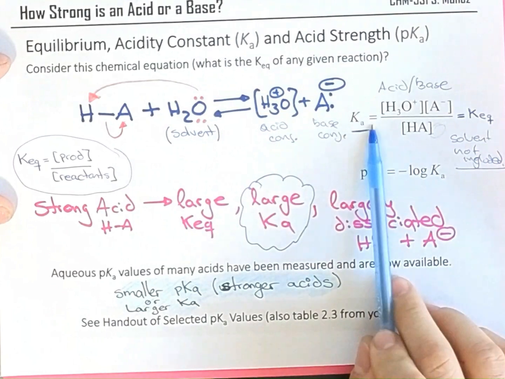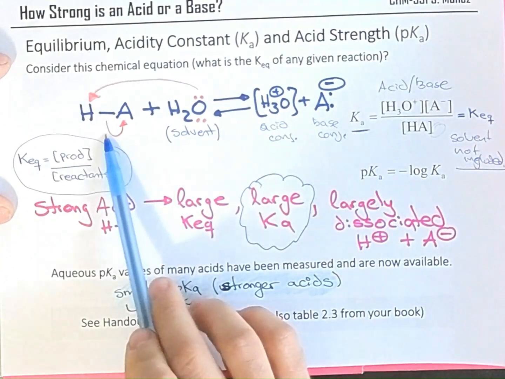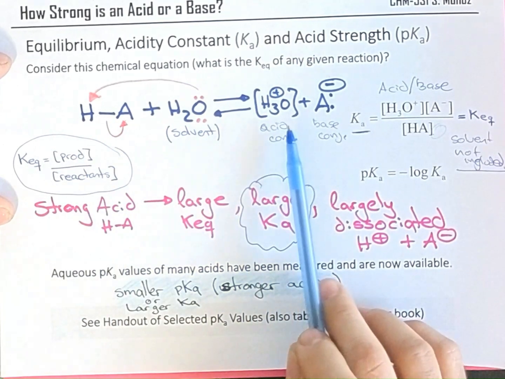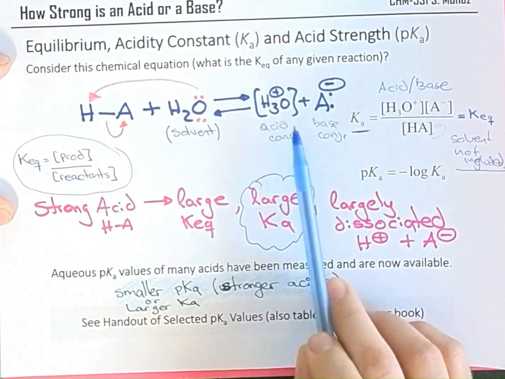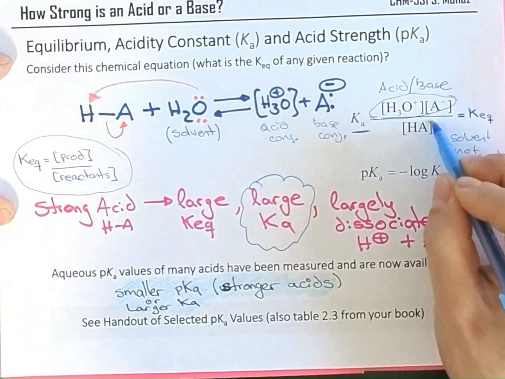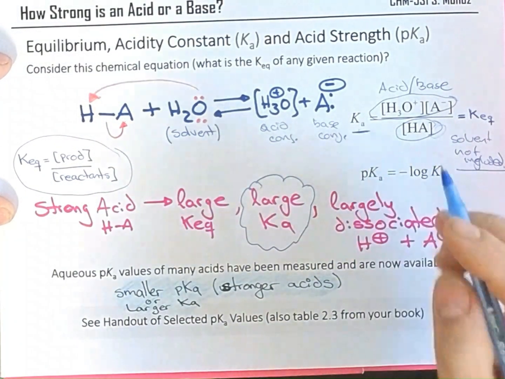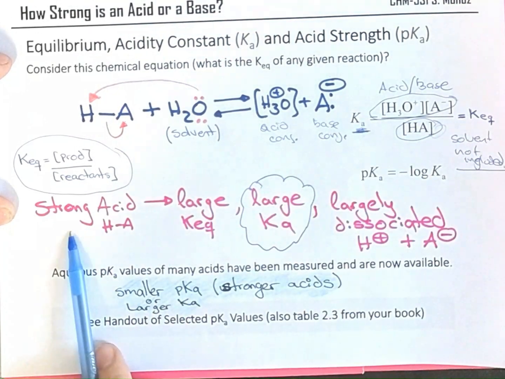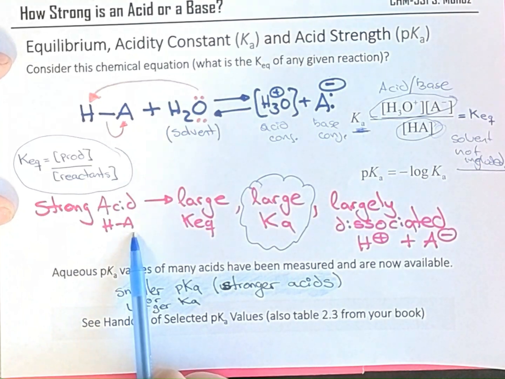Now, if an acid is very strong, that means it's going to want to donate its proton fully or to a large extent, which in turn will lead to higher concentration of hydronium ion and the conjugate base. And that will lead to a high number of products, a small number of reactants. This will lead to a large value for Ka, and that corresponds to strong acids.